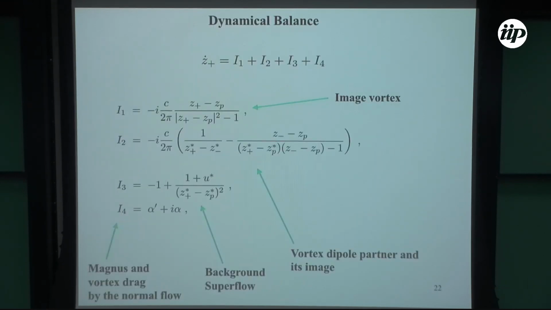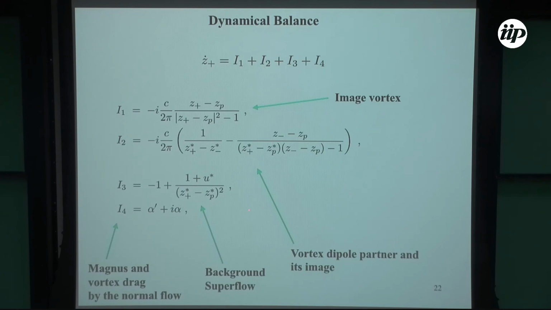Right. So once we have these results, we can explore the different contributions to the velocity of the positive vortex, Z plus dot. You have basically 4 contributions. The first is associated to the image vortex of your positive vortex. Another is associated to the vortex dipole partner, and the image of the vortex dipole partner.